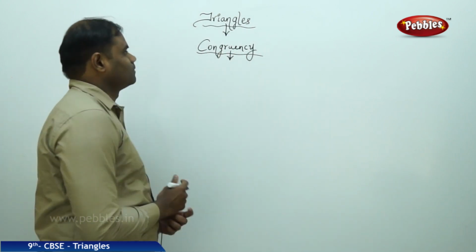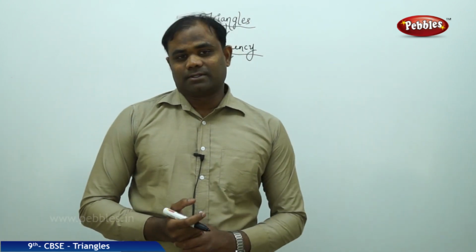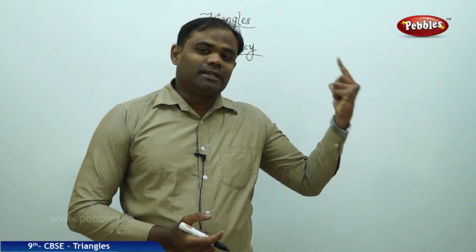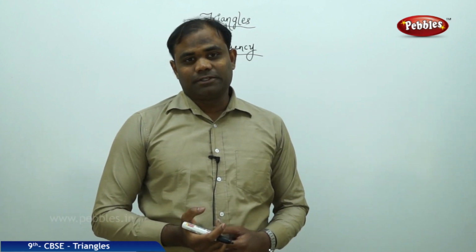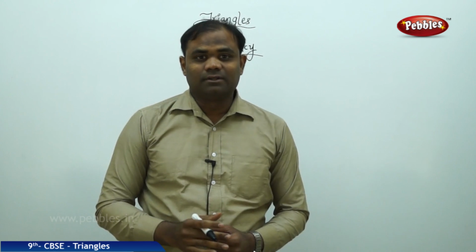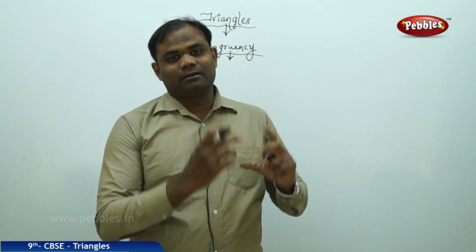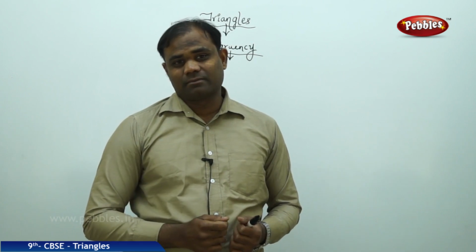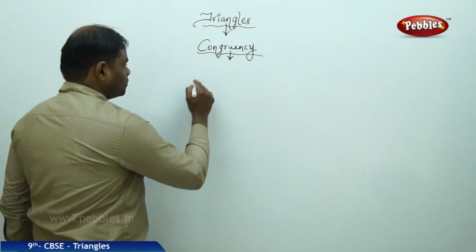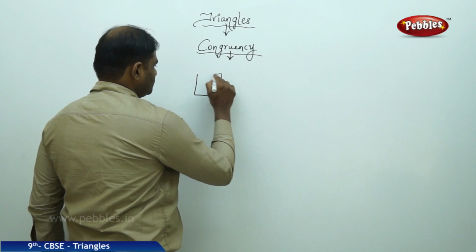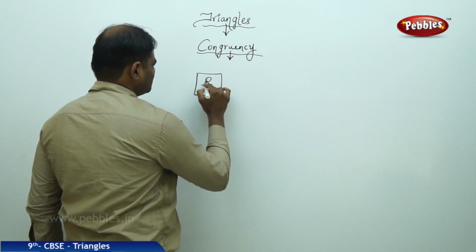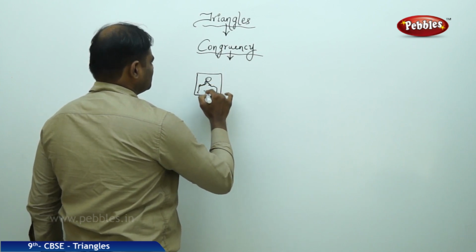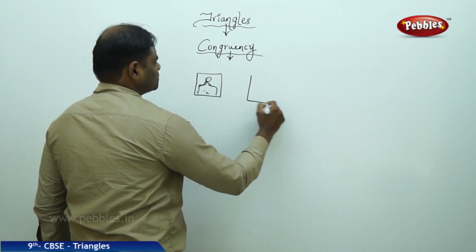Congruency. What is congruency? Before we get into the actual mathematical definition, say for example, I have taken a picture of mine on a mobile phone. I have taken the picture twice. So this is my picture 1, and this is my picture 2.